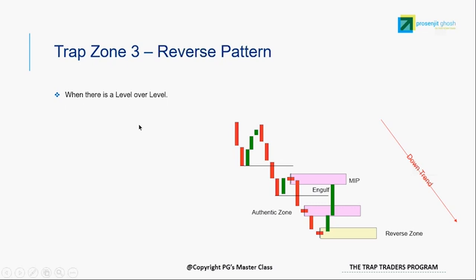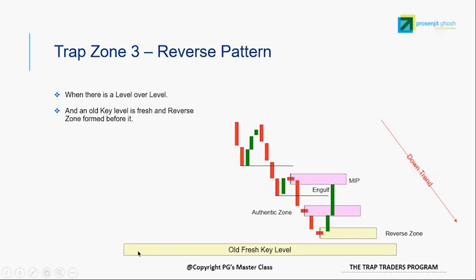And also when there is a level over level, I mean an old fresh key level, and a reverse zone formed just before it. There can be an old fresh key level where price is coming down and this reverse zone just created before it. This happens so many times, my dear friends, in the chart.